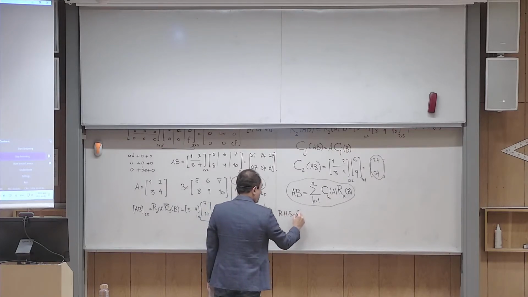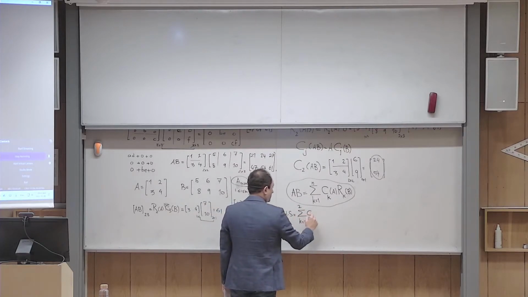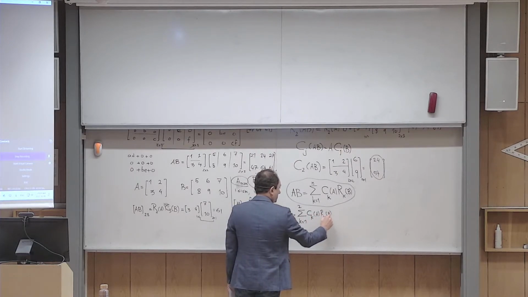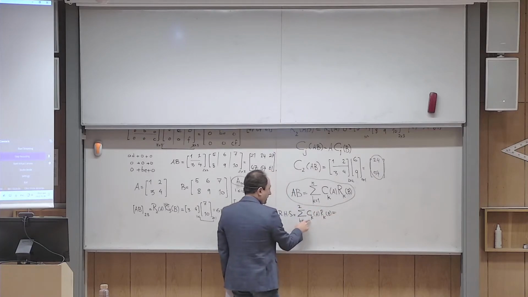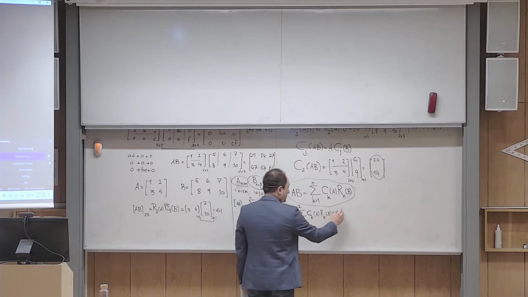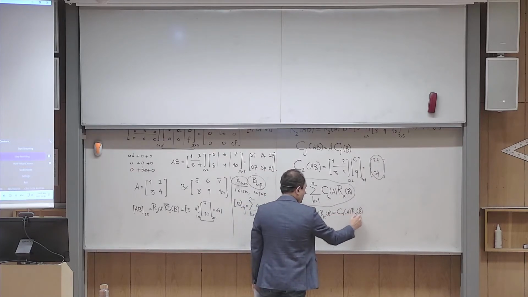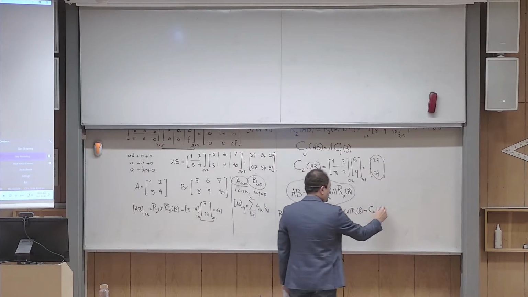The right-hand side is sigma, k goes from 1 to 2, of the kth column of A times the kth row of B, and I expand that. When I expand it, I choose k equals 1, so this becomes c1A r1B, plus c2A r2B.